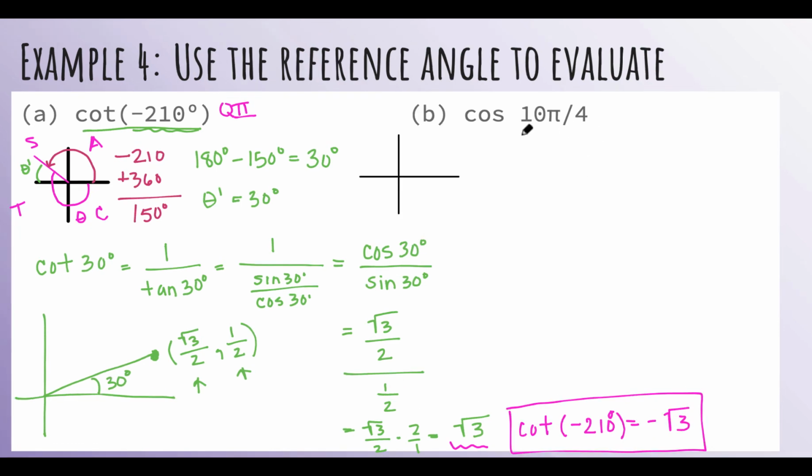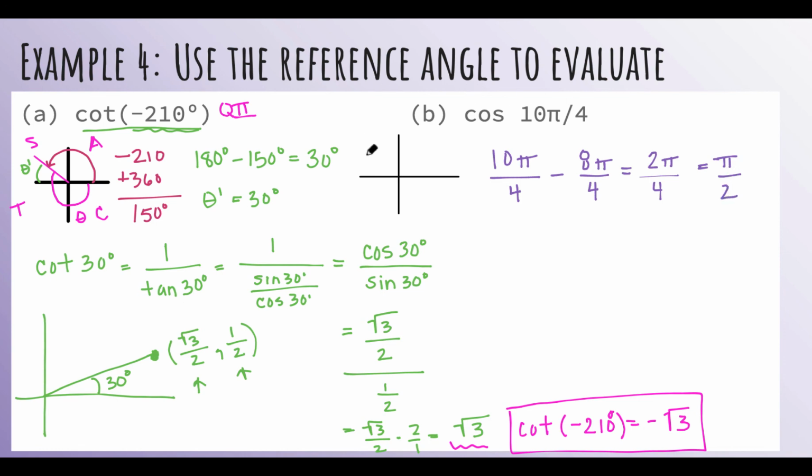The next function that we're looking at is the cosine of 10 pi over 4. In order to draw this out, 10 pi over 4 is greater than 2 pi. If we subtract off 2 pi, which is equivalent to 8 pi fourths, we end up with 2 pi over 4, which simplifies to just pi over 2.